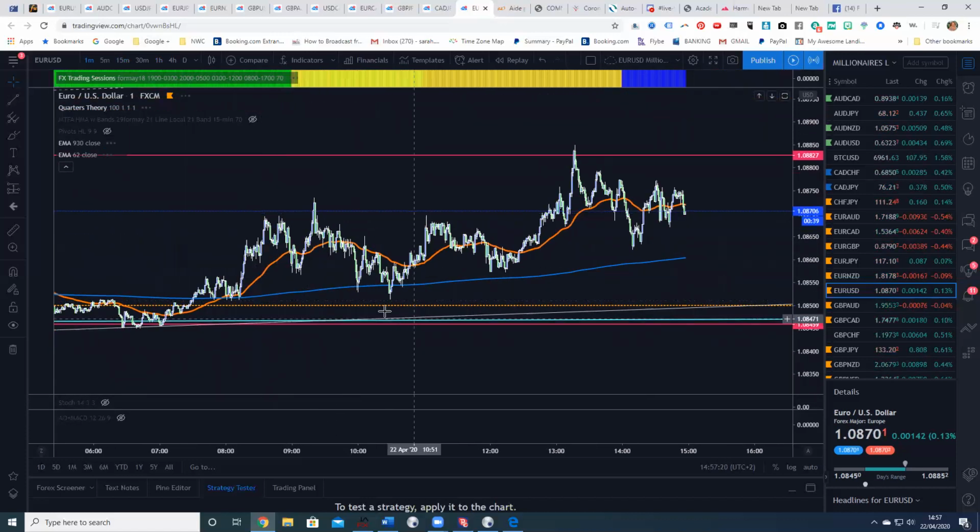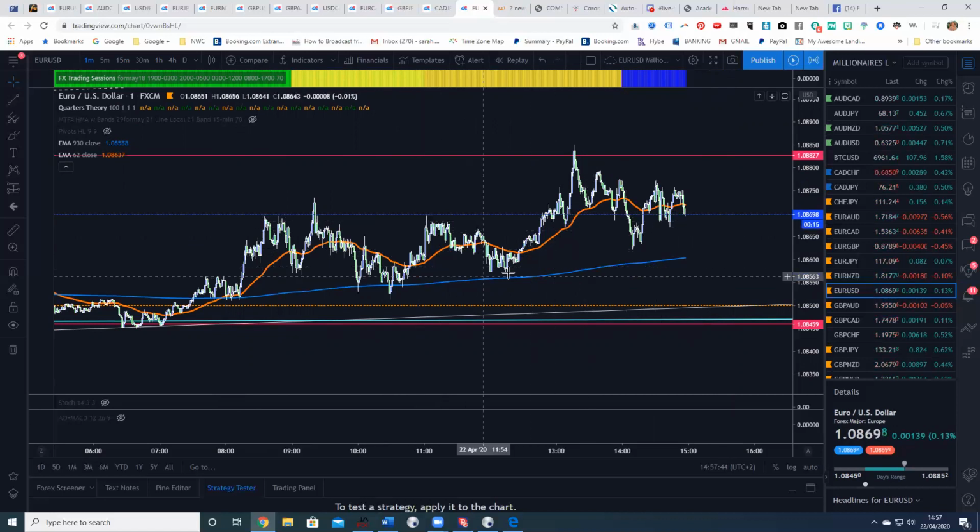So don't get in at the moment, because it's in the middle of nowhere. Wait till it gets back up to 1.08827, and you'll need to put on some other confirmations as well. But you can see the 1 minute crossed over, then price came back down to retest the 15-minute, and it moved on up, but it's still slipping back through.